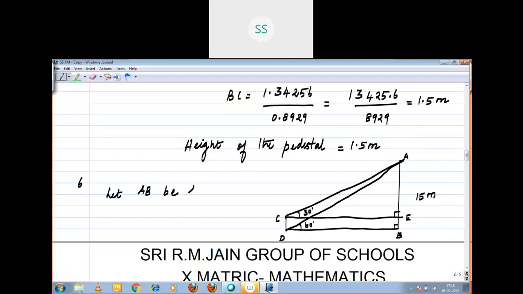Question number 6. The word problem we are representing in the diagram. Let AB be the height of the tower.